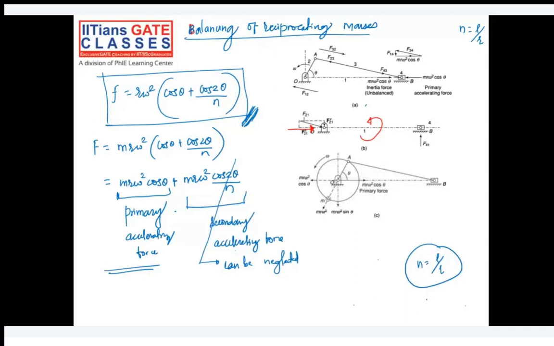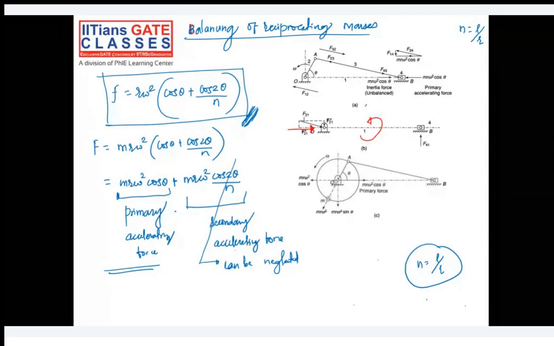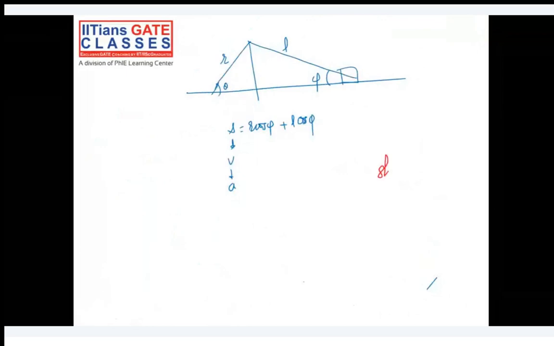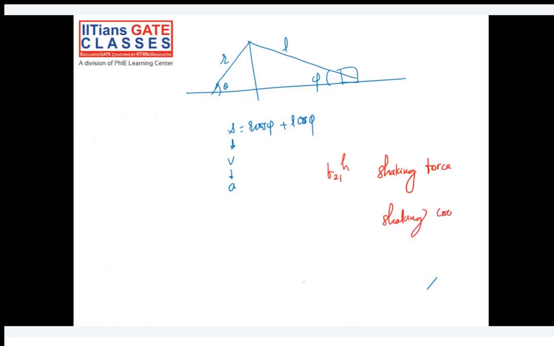So I would say shaking force F21 horizontal and shaking couple, which is forming because we have F41 in upward direction and F21 vertical in downward direction. They basically balance out each other, but they are at a certain distance s from each other, and it is generating a counterclockwise couple.